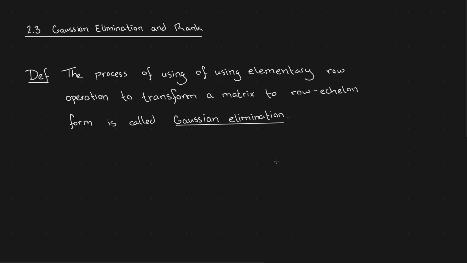Now, if we continue on and further row reduce it to get to reduced row echelon form, then we call it Gauss-Jordan elimination.